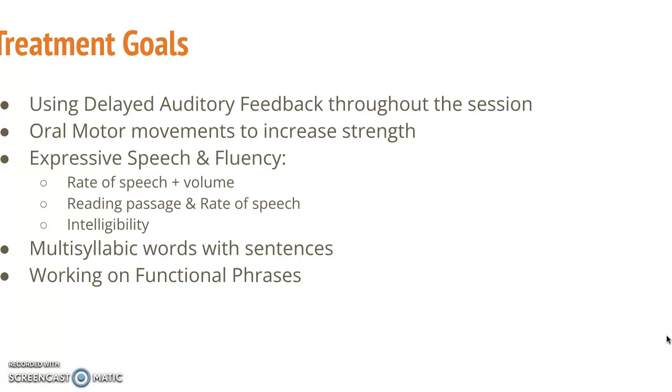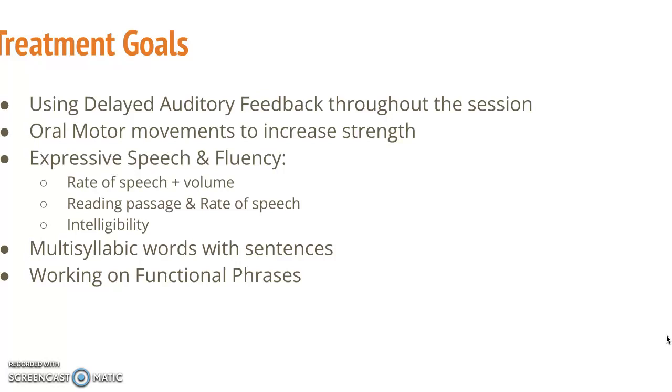He also works on oral motor movements in order to increase his strength, such as some exercises that we work on with him are pointy tongue, therefore sticking your tongue out. We do out and up, so you stick your tongue out and hit your alveolar ridge.